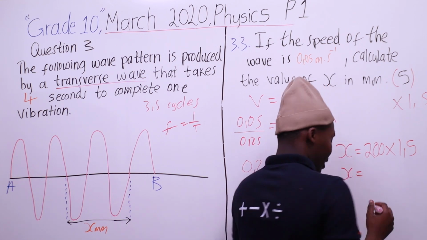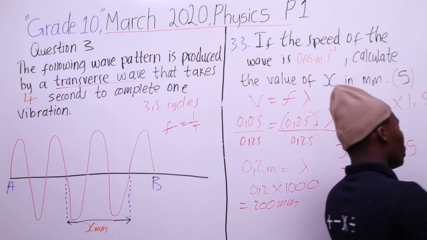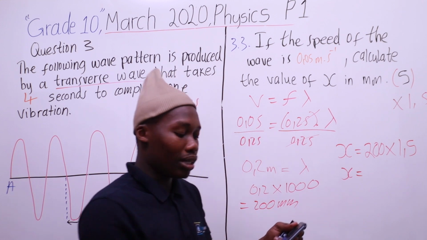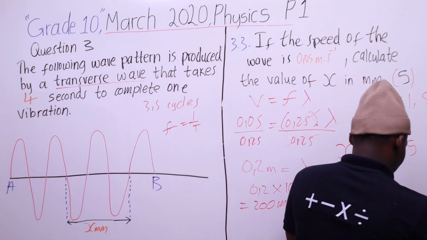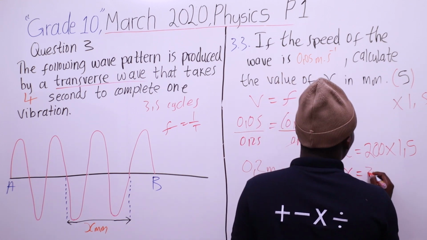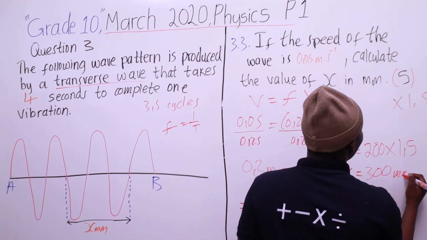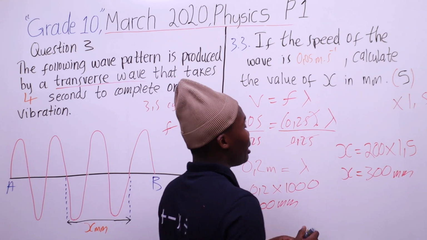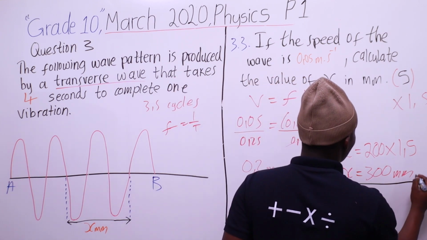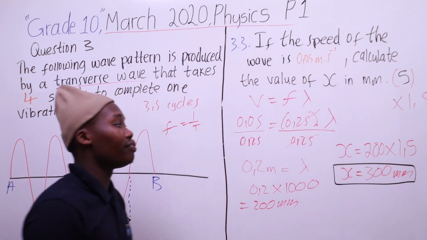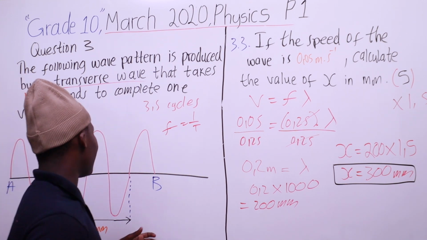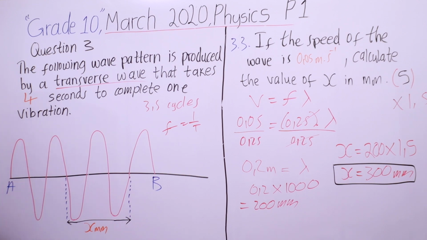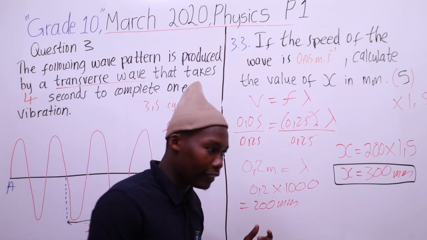So our X is equal to, you take your 200 and multiply by 1.5, we get 300. So our answer is 300 millimeters or 0.3 meters. Now your final answer is for 5 marks. That is what you must do, which means you must be able to analyze the wave before you even start calculating.